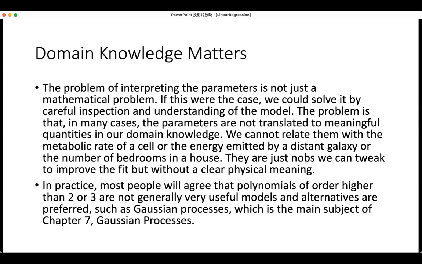In practice, most people will agree that polynomials of order higher than 2 or 3 are not generally very useful models, and alternatives are preferred, for example Gaussian processes. Chapter 7 will talk about this, but I don't think we will talk about it in this class.